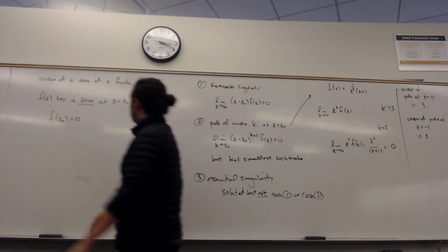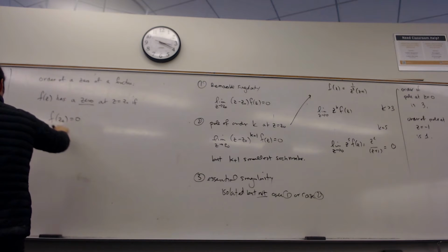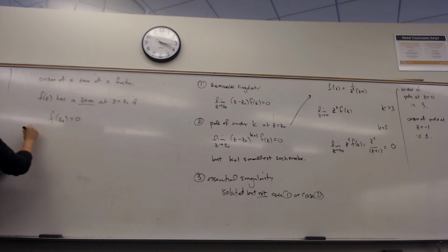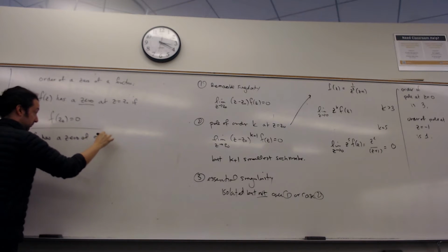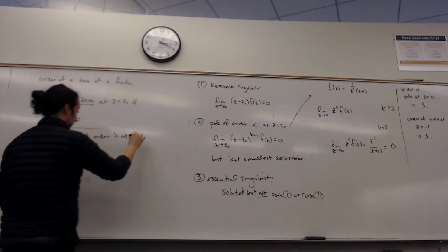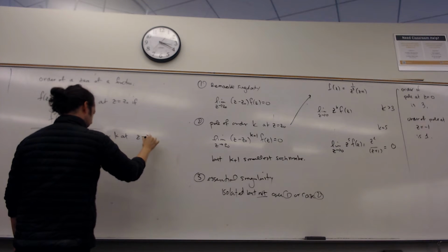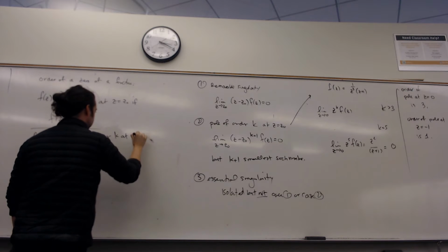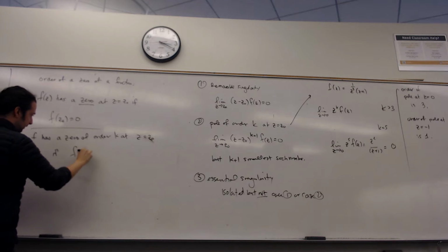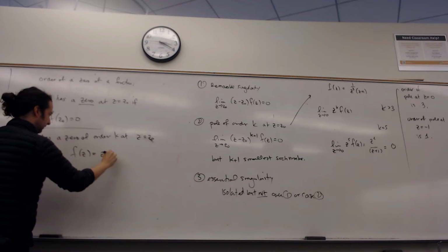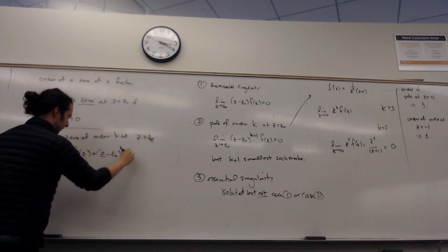What that will mean is you can say f has a 0 of order k at z equals z naught if f of z is equal to z minus z naught to the k times g of z.